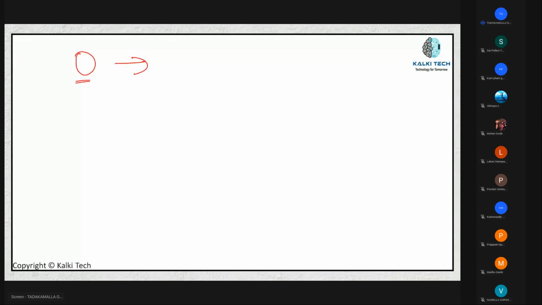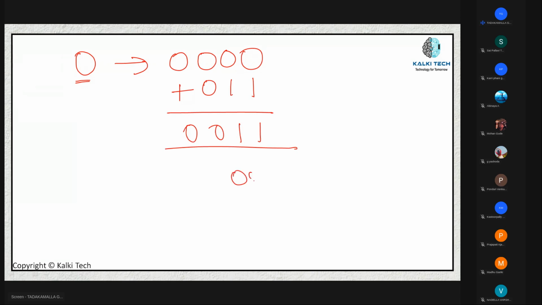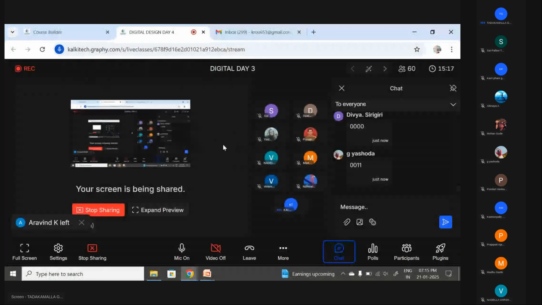First, write the BCD equivalent, 0000, and add 3, that is 0011. That is nothing but 0011. So this is the XS3 code for the number 0.